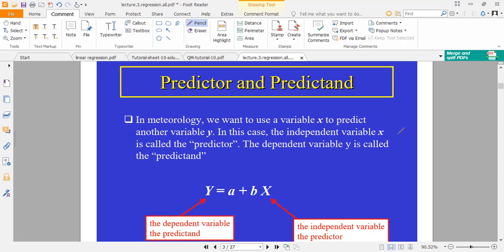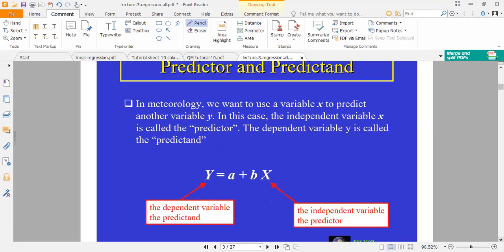So the independent variable x is called the predictor, and the dependent variable y is called the predictant. You need to understand it from the word go, because this is not only for academic purposes, even for application purposes. The predictant is y, and the predictor is x.